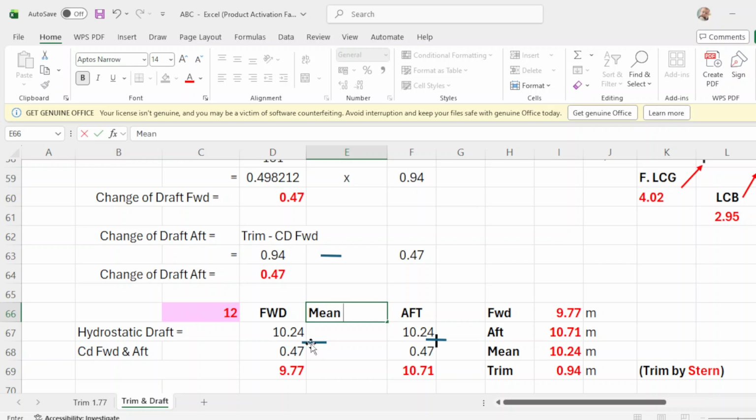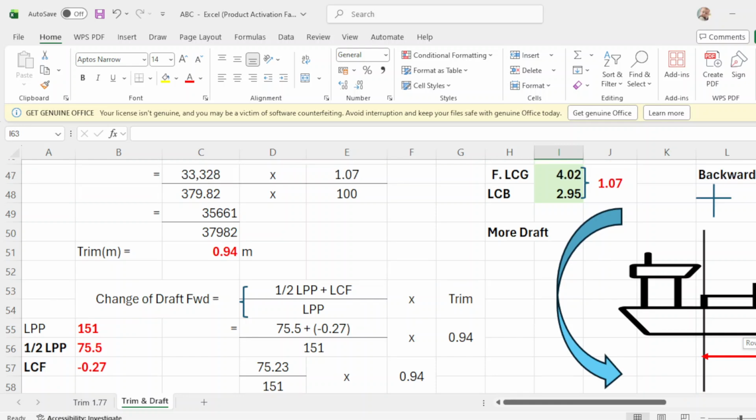Mean drop. That you will not get lost, okay? So you have here, forward 9.77, up is 10.71, mean drop is 10.24, your trim is 0.94, which is the same with this one, okay?